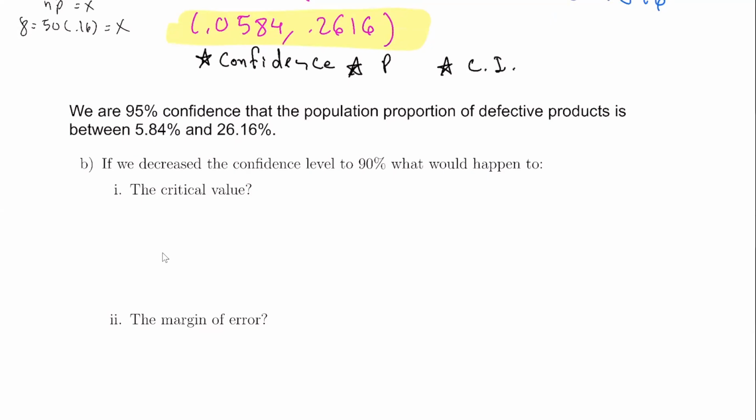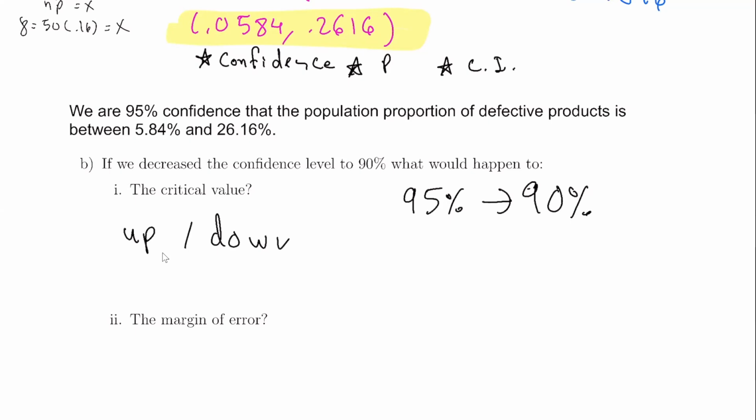Right now we have a 95% confidence level, and we're decreasing it to a 90% confidence level. What's going to happen with the critical value? Should it go up or down?